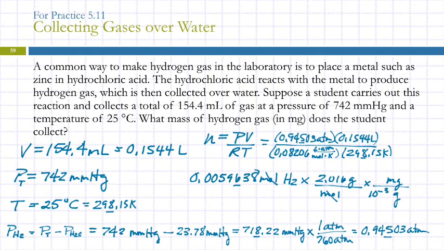Milli means 10 to the minus 3. I'm getting 12.023. So 12.0 milligrams.